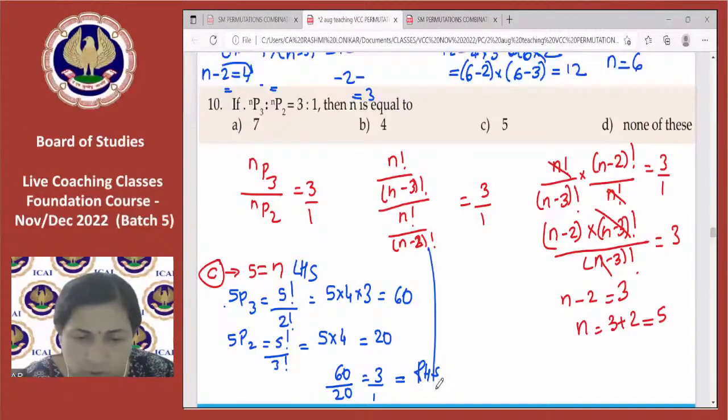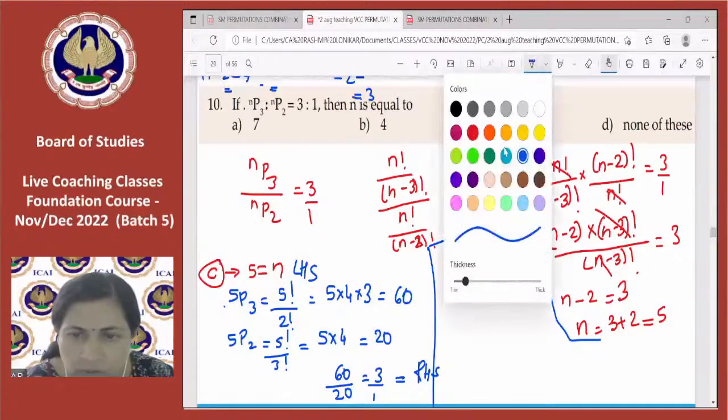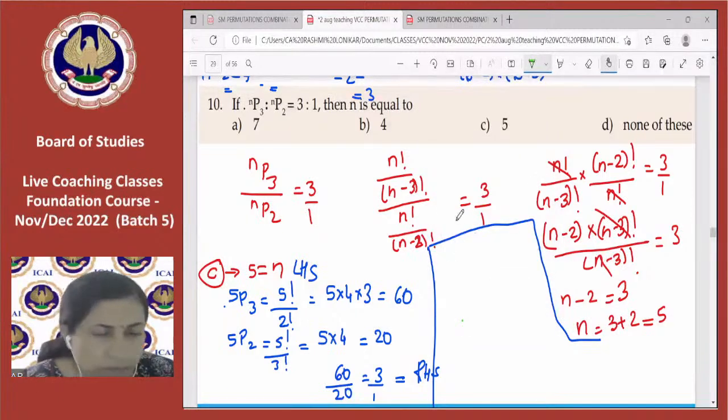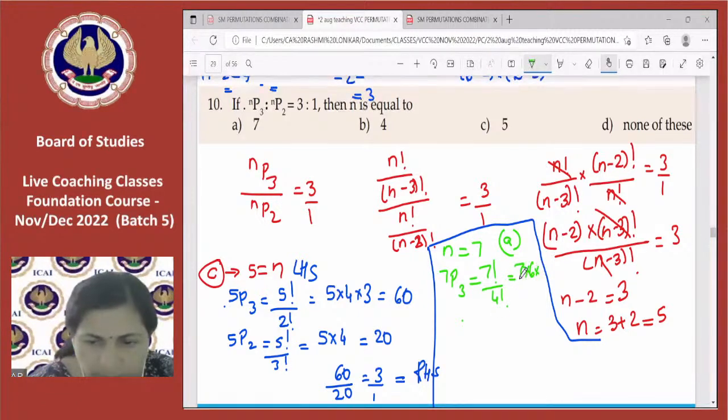Now, let me show you how, if I had taken 7 as the option, you would not have got the correct answer. If I had chosen n to be equal to 7, the first option, option A, then what would I have? 7P3 is equal to 7 factorial upon 4 factorial, which is equal to 7 into 6 into 5, which is equal to 30 into 7, that is 210.